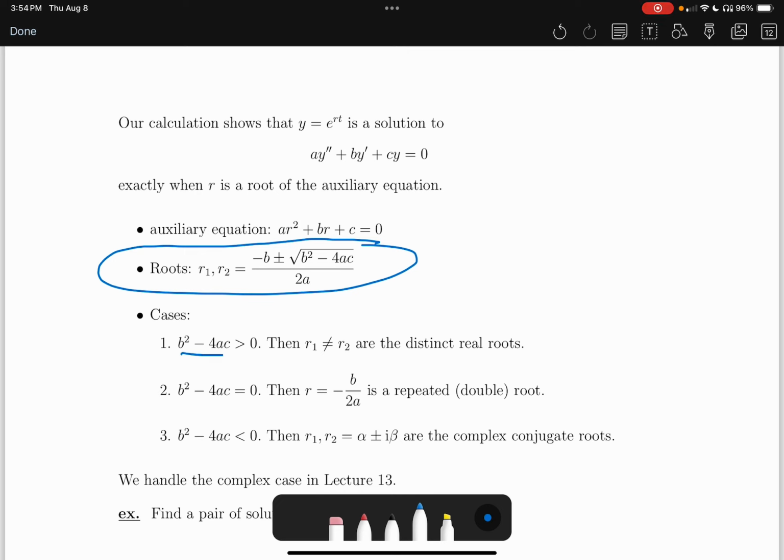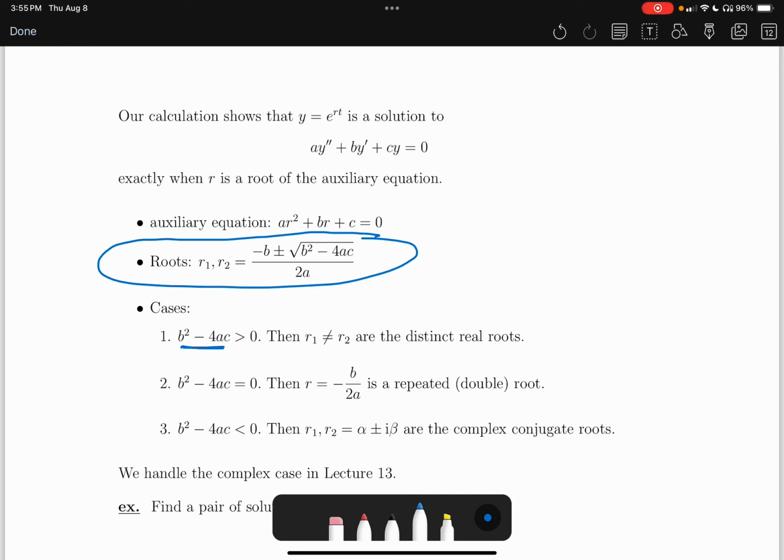Either our discriminant is positive, they're 2 distinct real roots, and the solutions will look like this, just thinking about what we had before, that y equals e to the rt.